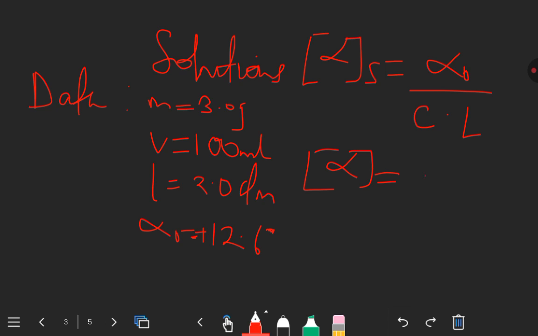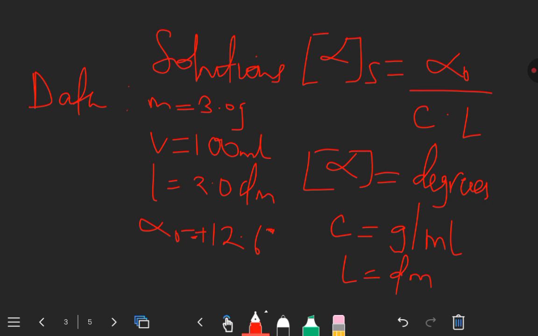Then the concentration must always be in grams per mL. Then the length must always be in decimeter. So this is important for us to understand.